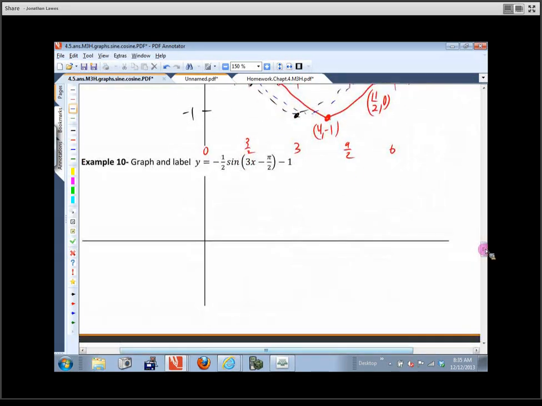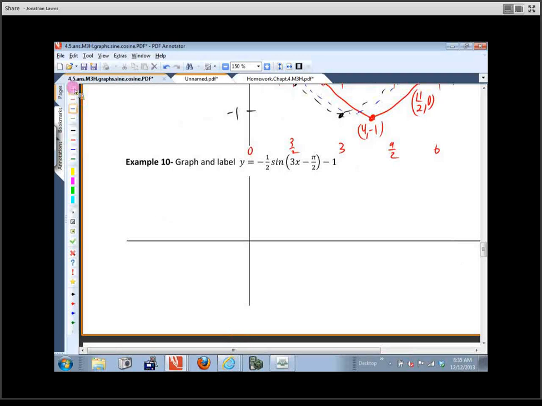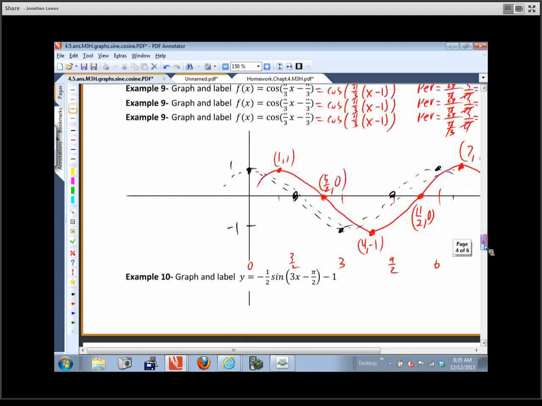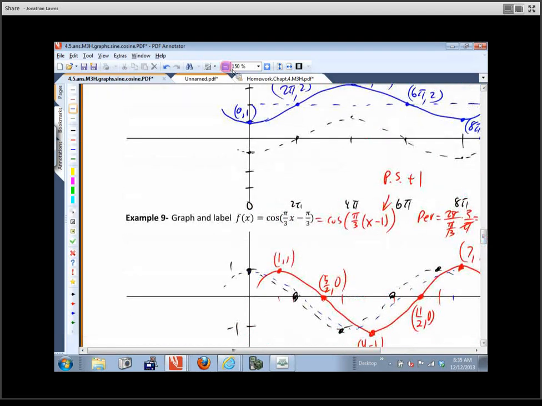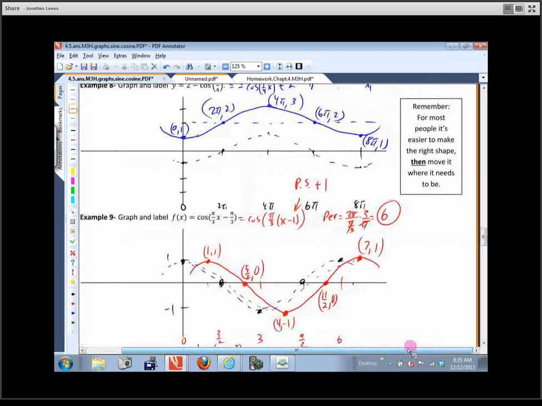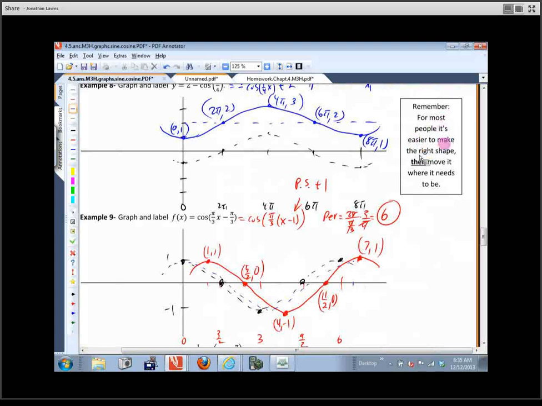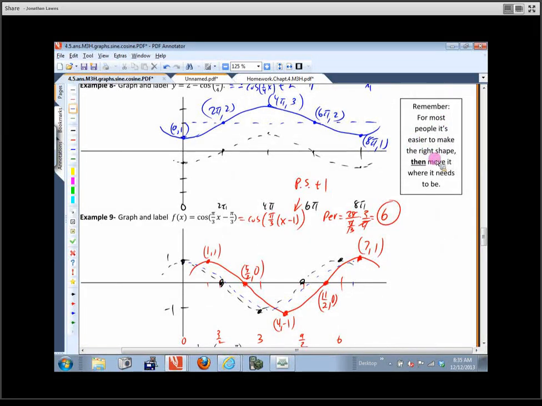Okay. This is more typically what you're going to see on a quiz tomorrow and on the assignment. It's going to have all of these things going on here, and we want to make sure that we get this right. So on the side of the page up above, it reminds you that for most people, let me make this a little bit smaller, it's going to be easier if you make the correct shape. So horizontally stretch it and shrink it, change the period.